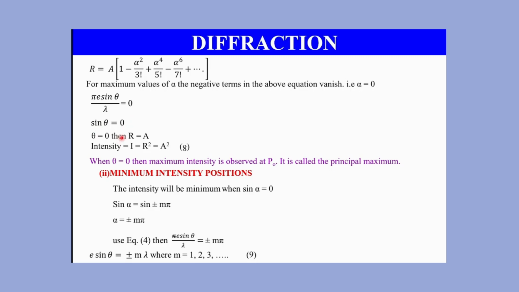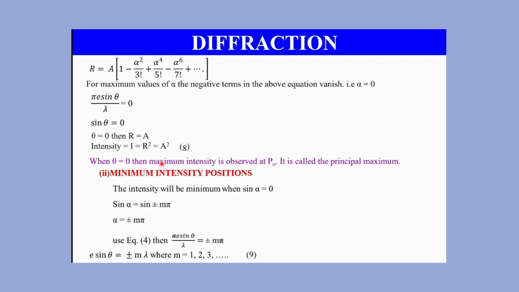When theta becomes 0, we get the resultant wave amplitude R is equal to capital A. Now we need the equation for the intensity of the resultant wave. I is equal to the square of the amplitude, R square, that is equal to A square, equation number 8. This equation number 8 is called the condition for the maximum intensity at P naught. It is also called the principal maximum.